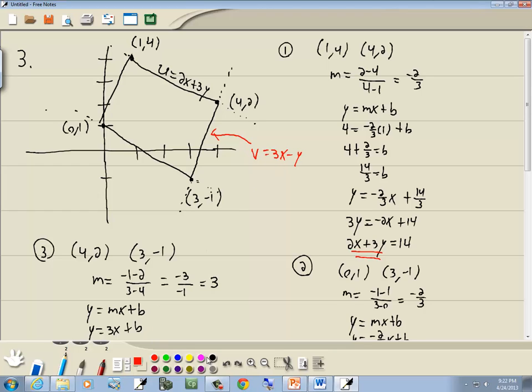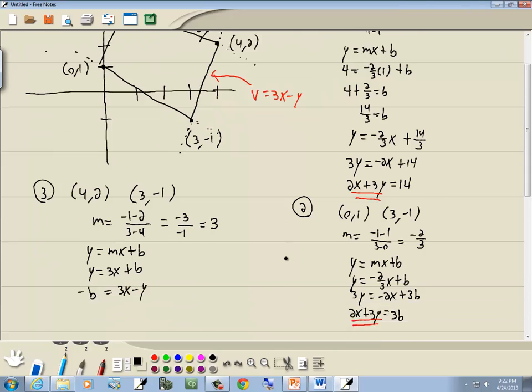Okay, so that's our u and v we're going to be working with. Let me write that down. Let's see. u equals 2x plus 3y, and v equals 3x minus y. Okay. So let's scroll down here.